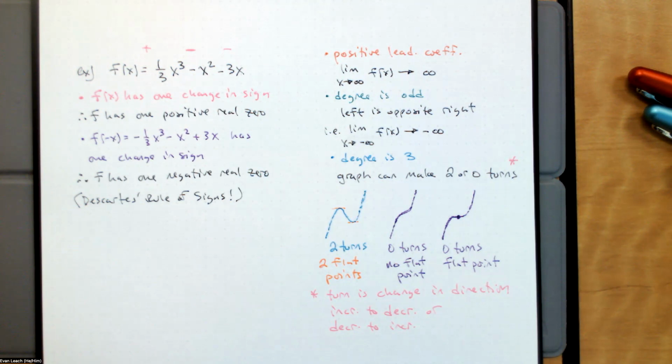Has anybody ever heard of Descartes' rule of signs before? Because you have graphing calculators, right? Like, oh, just graph it. Is that a super useful result?